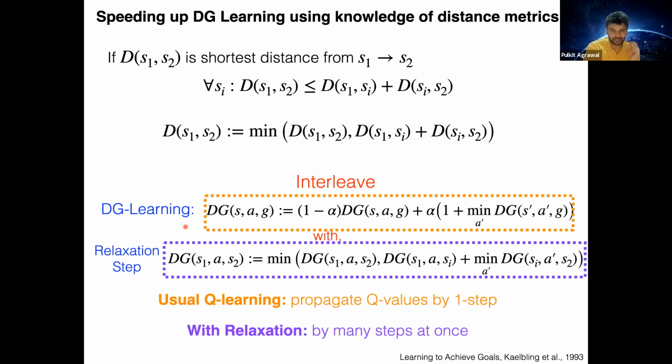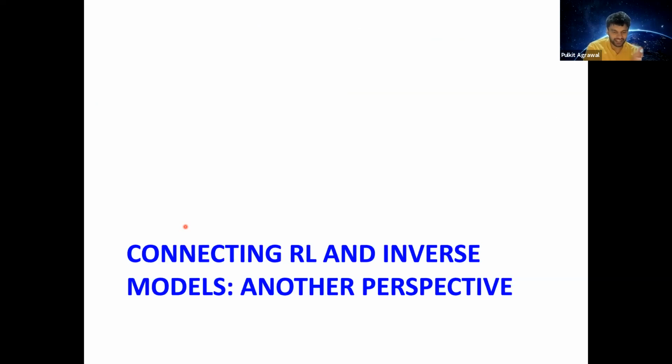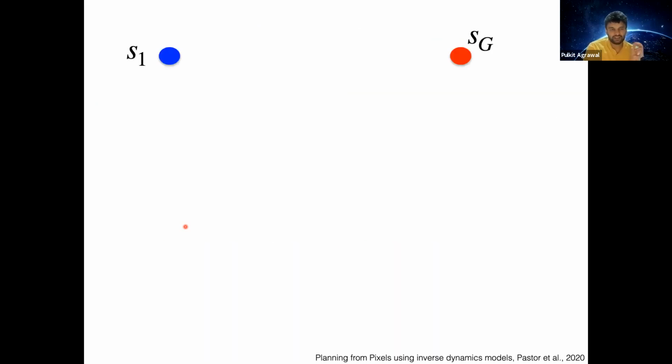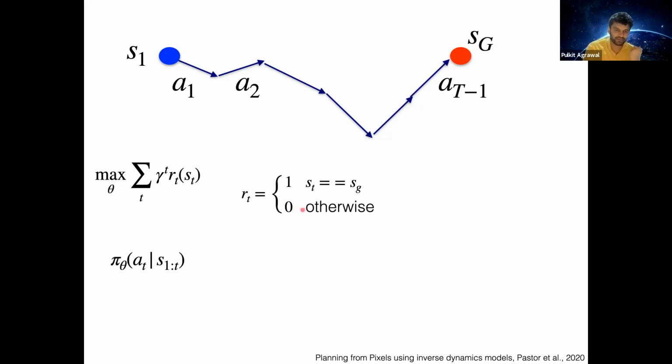So let's look at another perspective on connecting RL and inverse models. Suppose I have my state S1 and I want to go to state SD. And what I want to do is to come up with the sequence of actions. Typically in reinforcement learning, I would want to maximize the sum of rewards, and I want to find a policy which does that. Well, let's define a reward function which says I'm going to be 1 if my current state is my goal state.